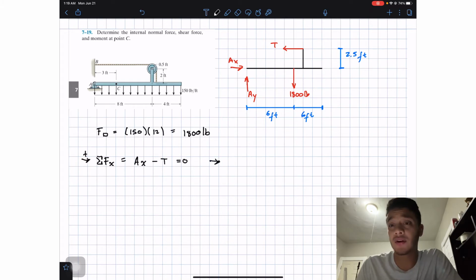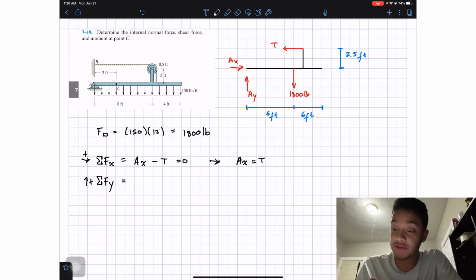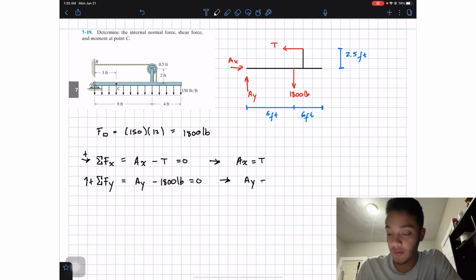From here we can conclude that Ax is equal to my tension T. The next thing is the summation of forces in the y direction, assuming that going up is positive. We have Ay going positive, negative 1800 pounds, and that should be equal to 0, so from here we conclude that Ay is equal to 1800 pounds.